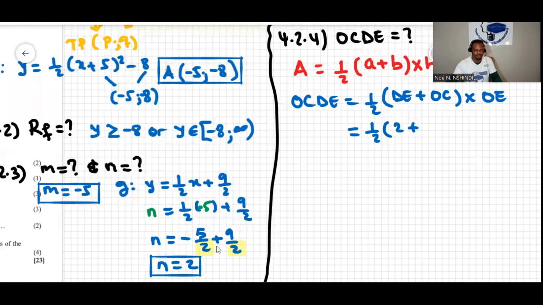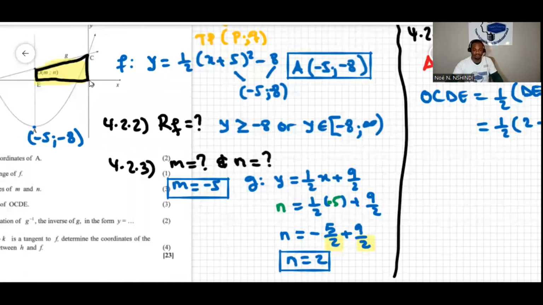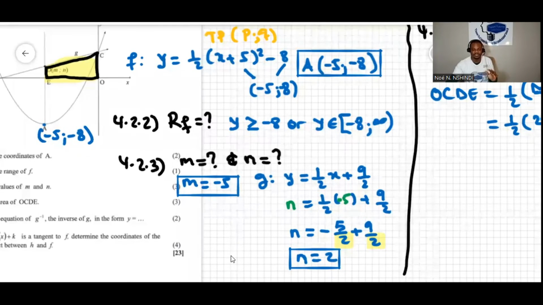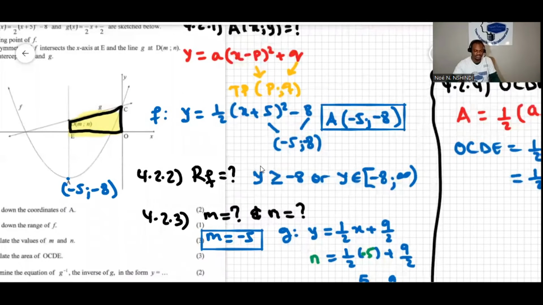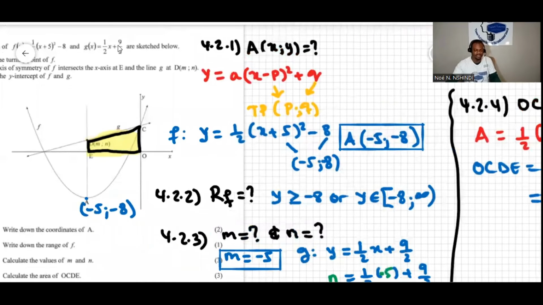O is on the x-axis at the origin, and then C, how much is C? We didn't calculate C, but we can find it because C is the y-intercept. It is 9/2. Yes, because the y-intercept is the constant term of the straight line, so it's just 9/2.